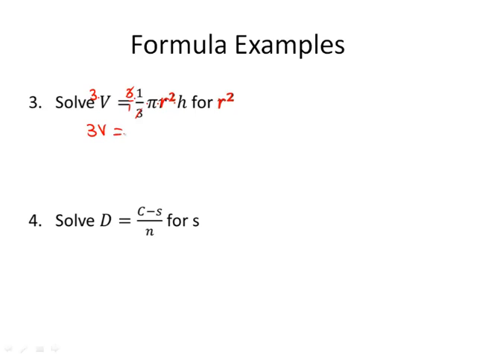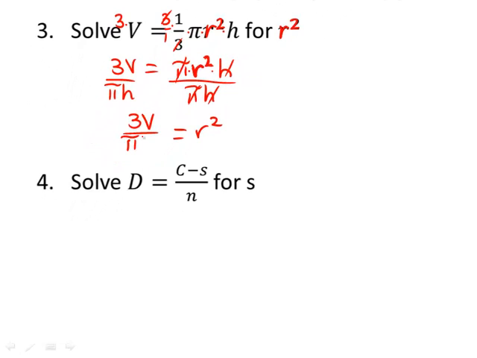So we've got 3v equals pi r squared h. We still want r squared to be alone, so let's get rid of the multiplication by pi and by h. We can do that in one step by dividing by pi h on both sides. So the pi's cancel, the h's cancel because it's multiplication, so r squared is equal to 3v over pi h.